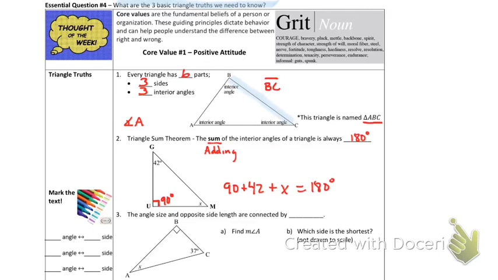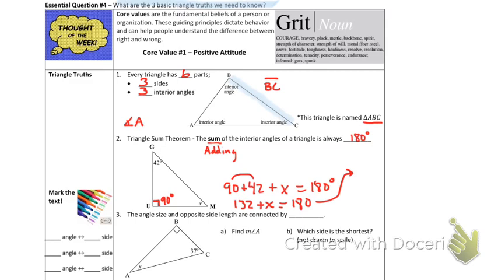The first thing I want to do is add these two together, 90 plus 42, and we get 132 plus x equals 180. Okay, and then we just continue. This turns into a very simple equation from IM1.